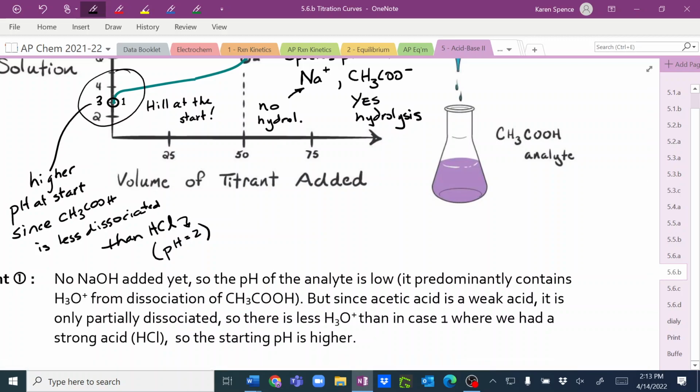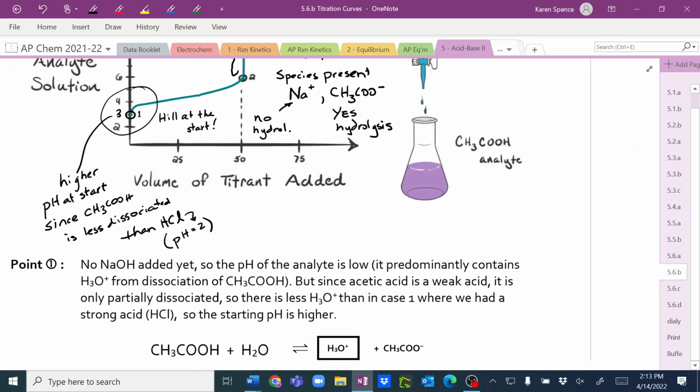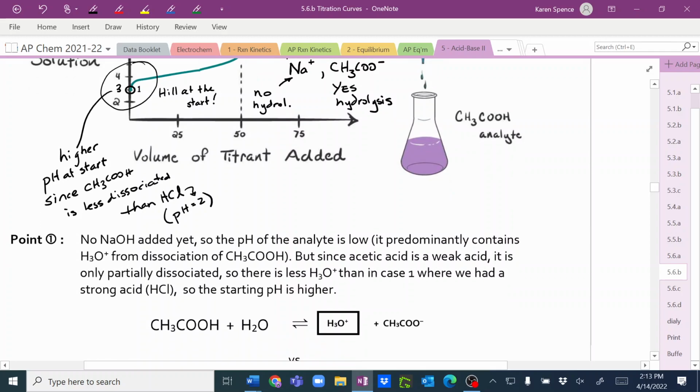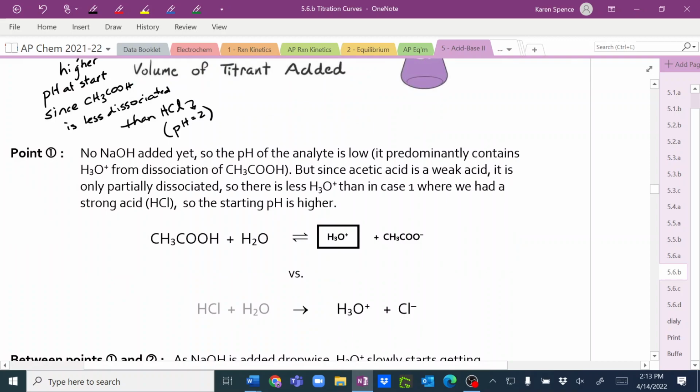Now the interesting bit is at the very start, we have not so much H3O plus, right? Here's our CH3COOH. We have that much H3O plus as opposed to this one, which has all converted into H3O plus. Make sense? Okay, cool.